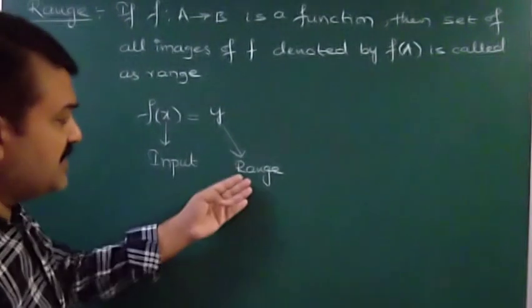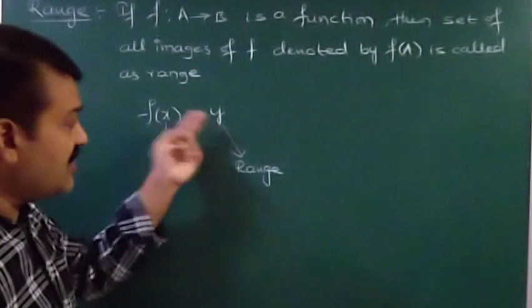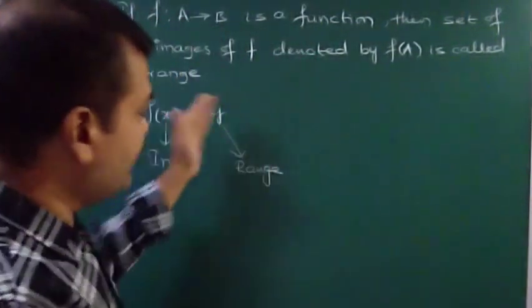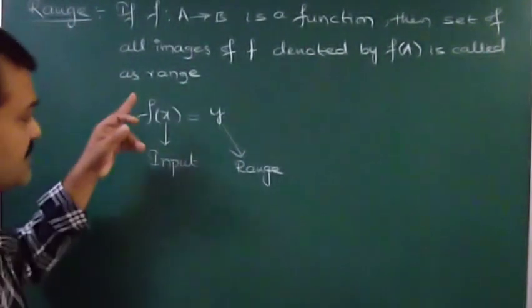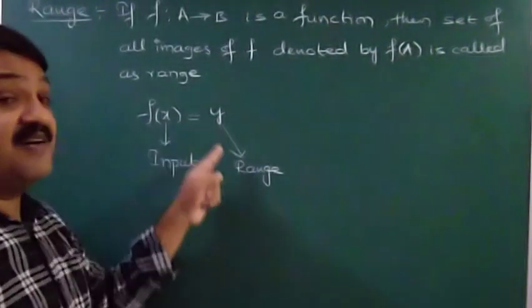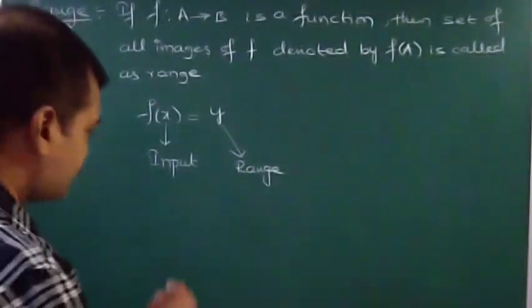So range is nothing but the collection of all y values or collection of all f of x values. So simply we can remember, the set of x values will be the domain, whereas the set of y values or set of f of x values will be the range.